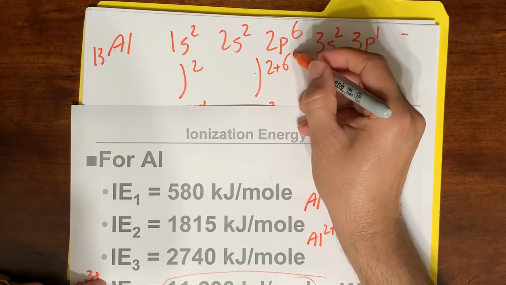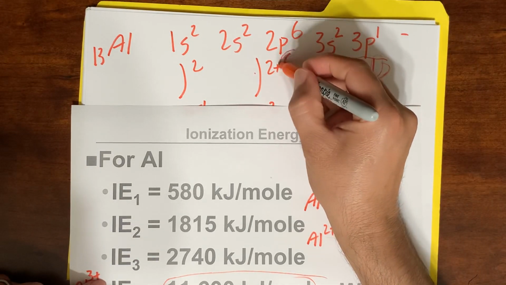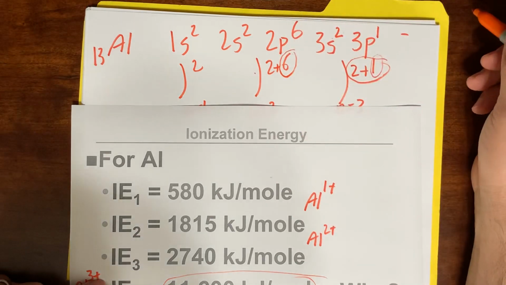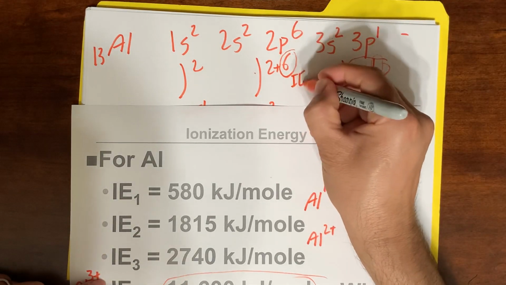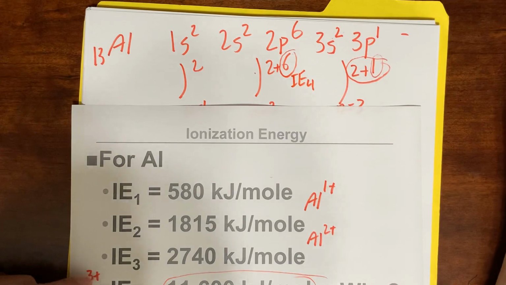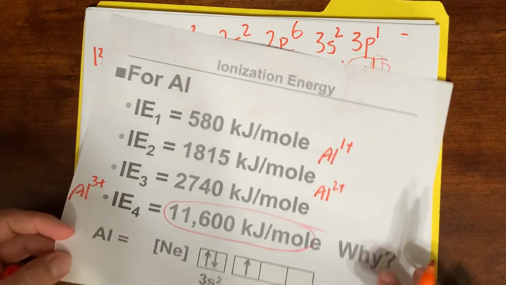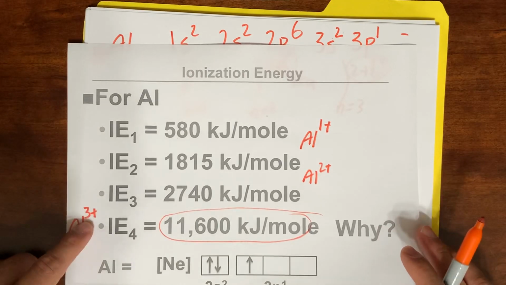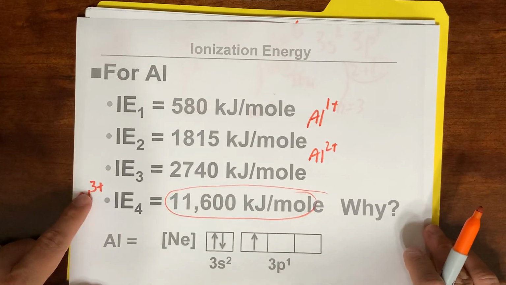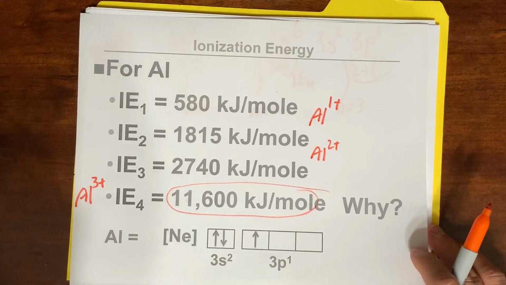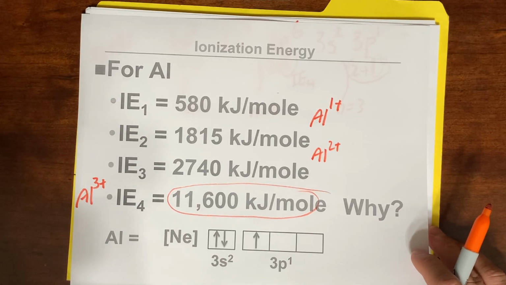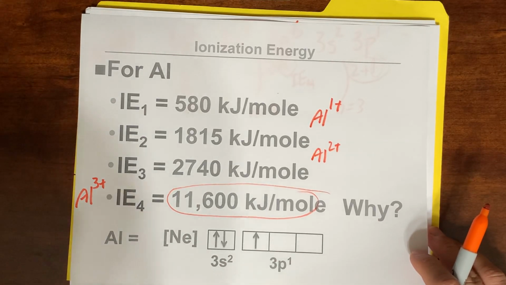You will be taking an electron from the 2p orbital, one of these 6 electrons. This is the fourth ionization energy. And because it's a core electron, it will cost you more energy to take that electron.